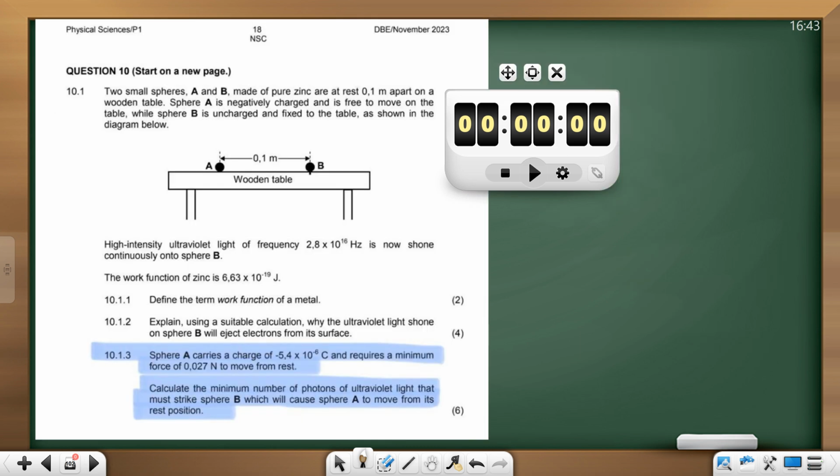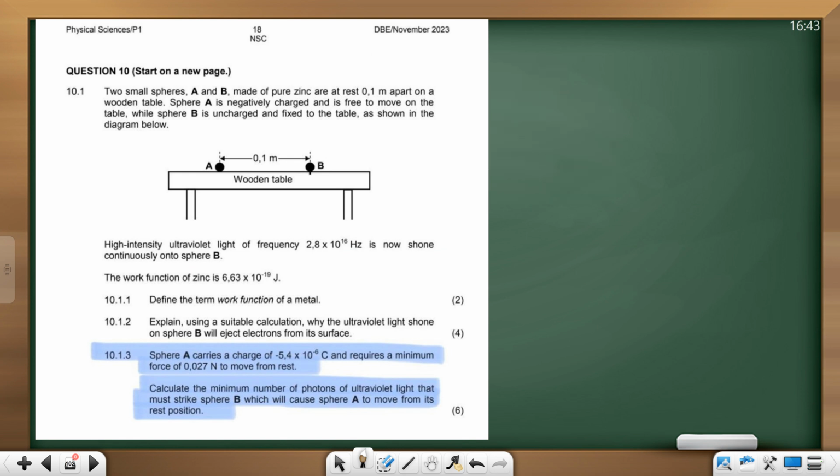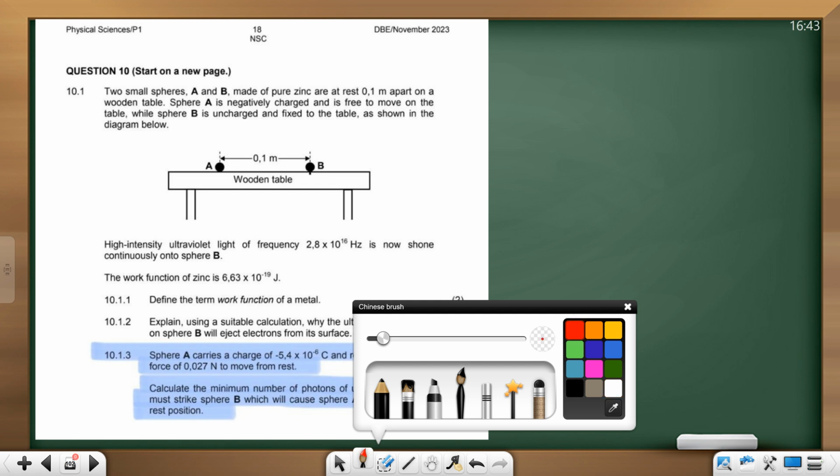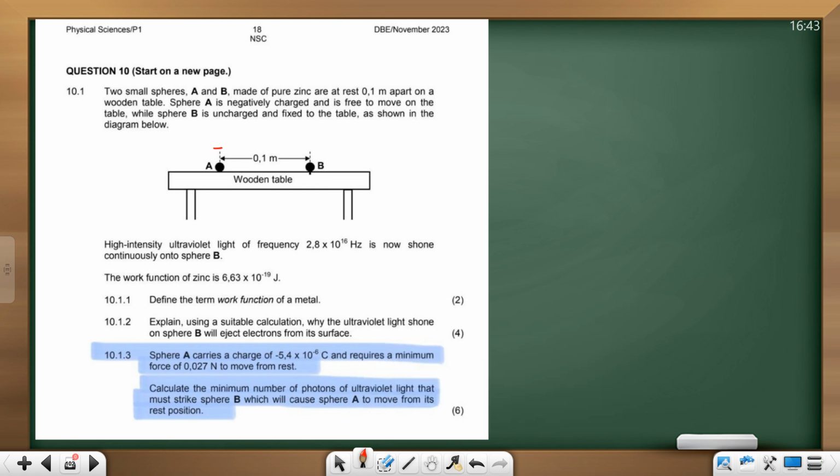Okay. Let's look at this one now, photoelectric effect. Two small spheres A and B of pure zinc are at rest, 0,1 meters apart on a wooden table. Sphere A is negatively charged, and it's free to move on the table, while B is uncharged and fixed, as shown in the diagram below.